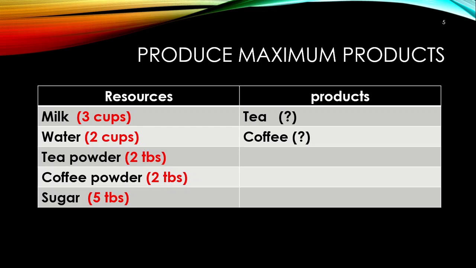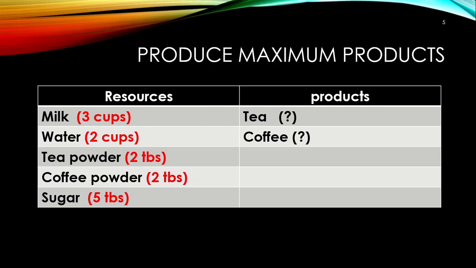My question is, how many cups of tea can I produce out of these resources without wasting much resource? That is our requirement.